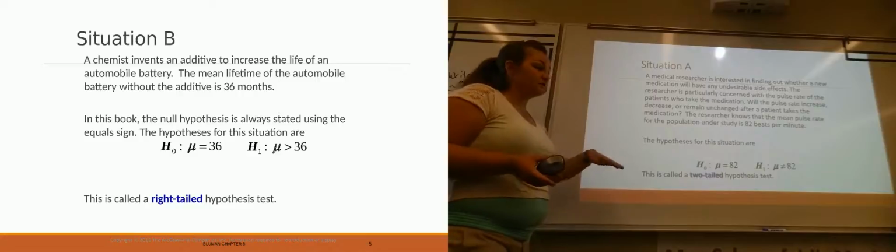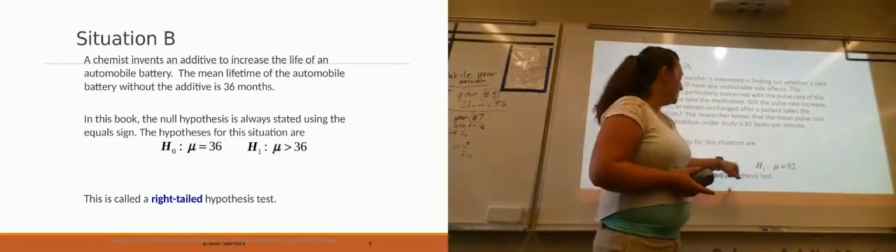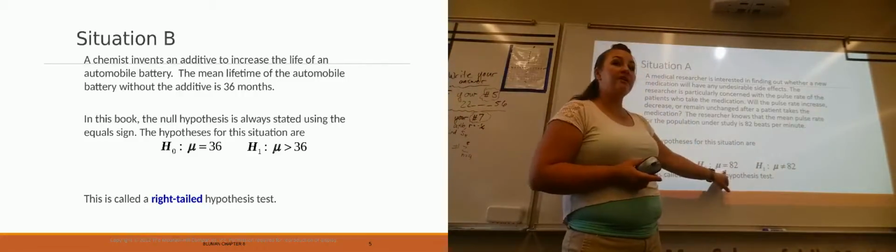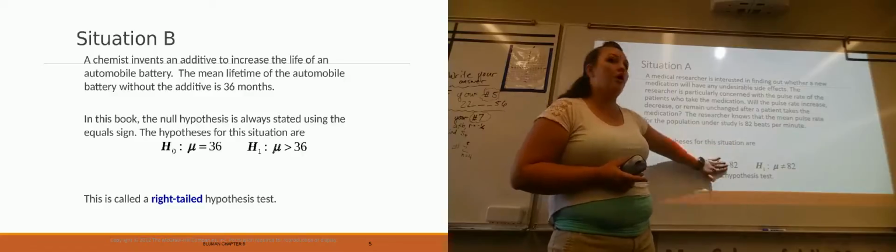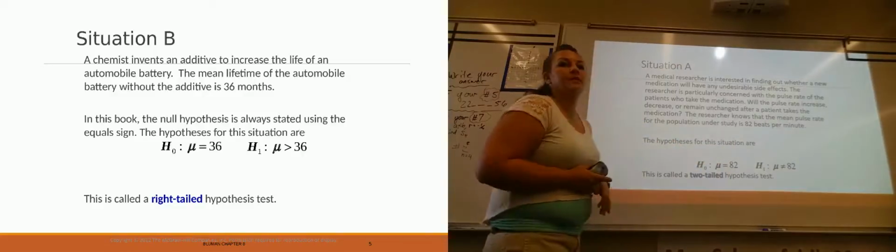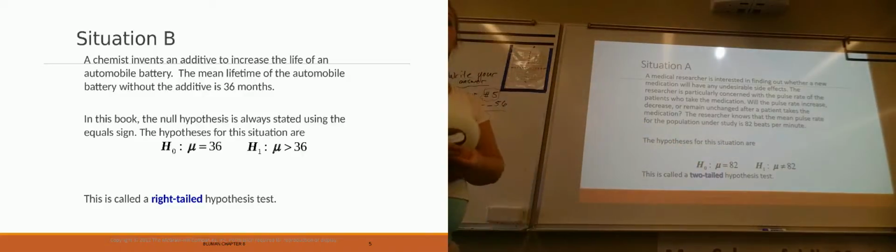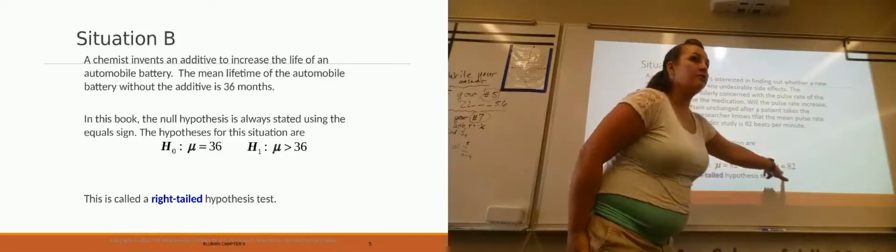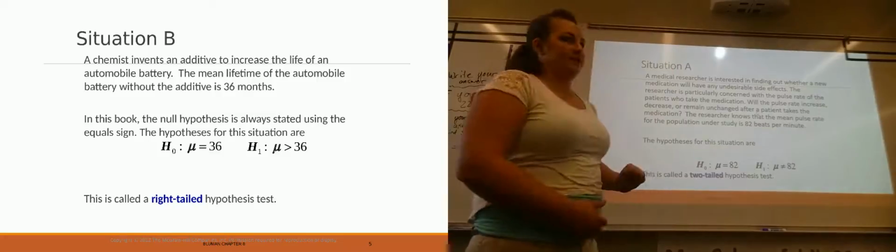We have a bunch of different symbols that we can put here. The mu equals 82. The null hypothesis will always, always, always be equals. That's the one we're going to see. Hey, is this true or not? We don't know. But this is called a two-tail hypothesis because it's not equal to. Not equal to means two-tailed hypothesis.